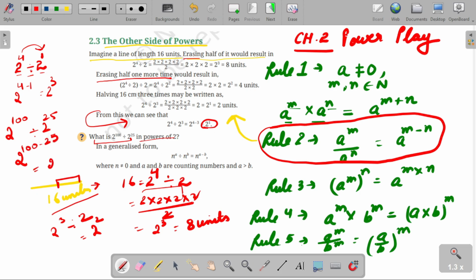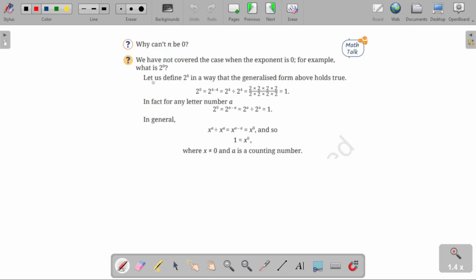So the answer will be 2 raised to power 75. This is not really a rule number 6; it is just the expansion of rule number 2. Okay, so next.